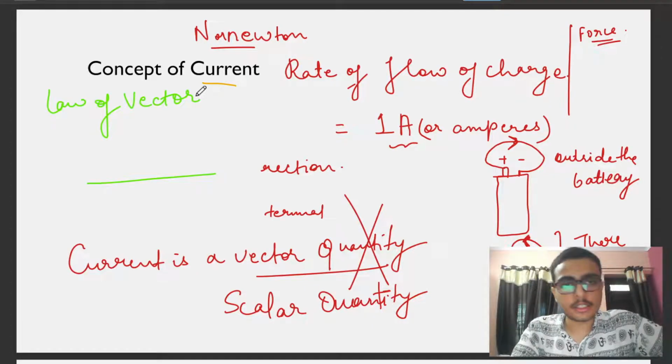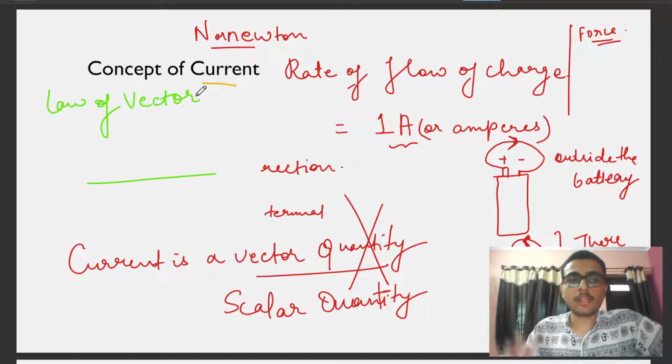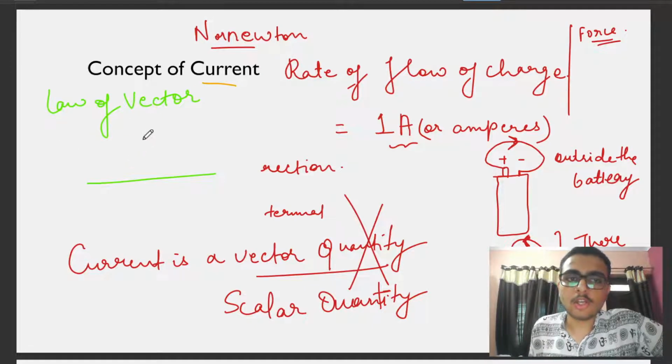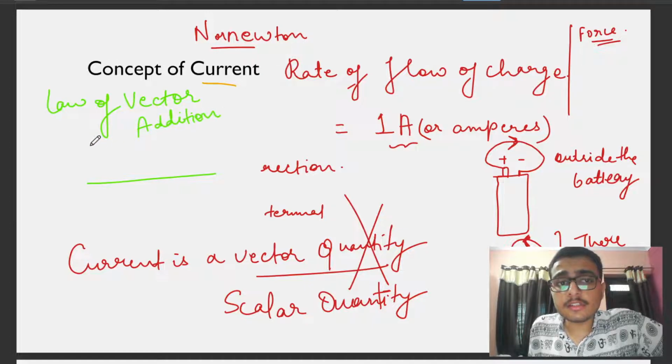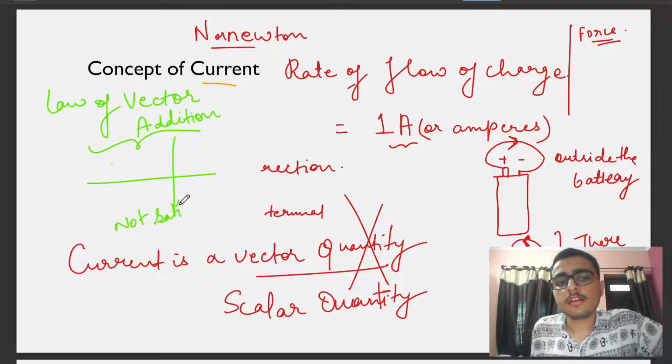I will teach vector analysis also. It is not very important, but you will be studying this topic in class 11, and we shall discuss a few things. Whenever this law is satisfied, the quantity is a vector quantity, but this law is not satisfied by current, hence it is a scalar quantity.